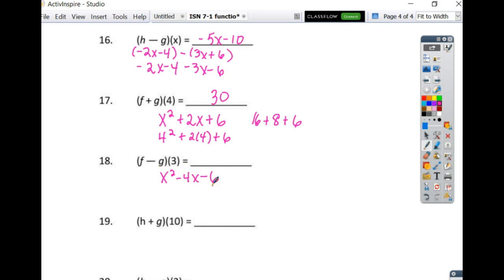And then I'm going to take the 3 and plug it in for the x's. So I get 9 minus 12 minus 6, 3, negative 9. Did I do that right? Yes? Because 9 minus 6 is 3, and 3 minus 12 is negative 9.